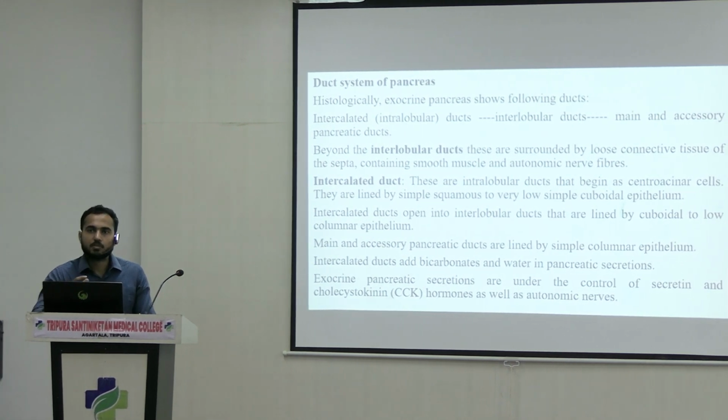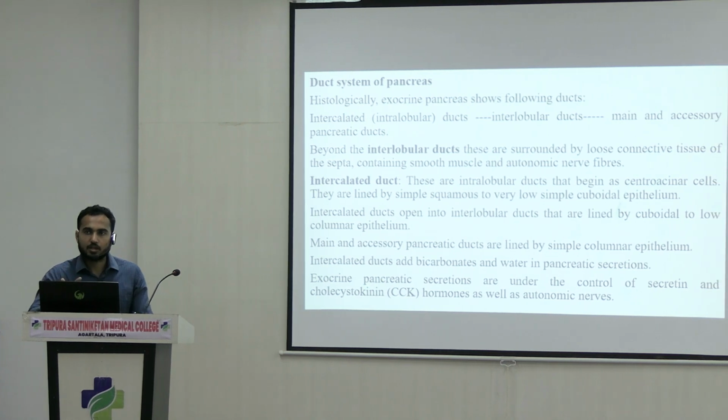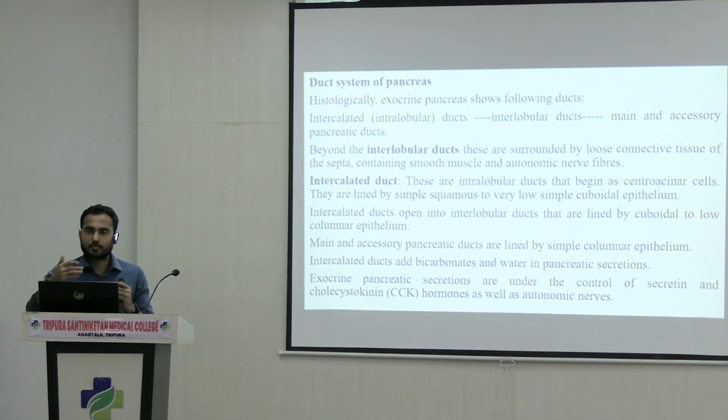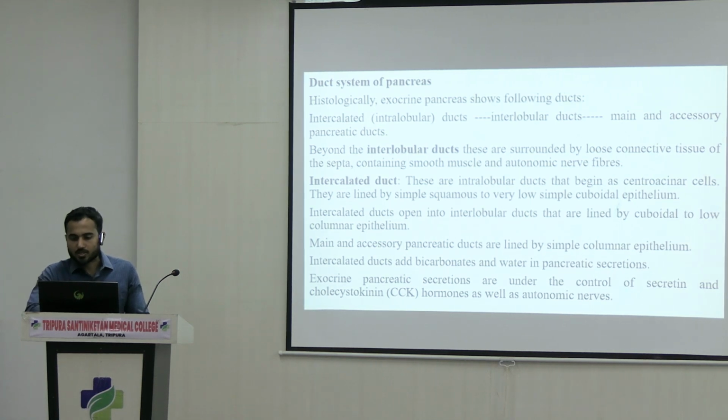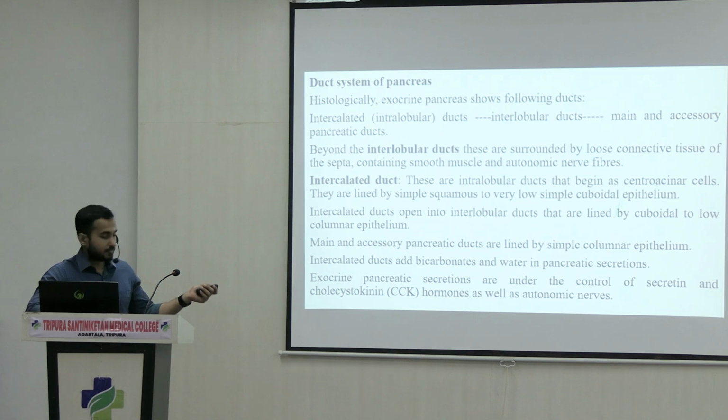Every time, you have to know the duct system, from where it is starting and where it is ending, and what the lining epithelium is in each duct as it goes out. So here it starts from simple squamous epithelium to very low simple cuboidal epithelium.